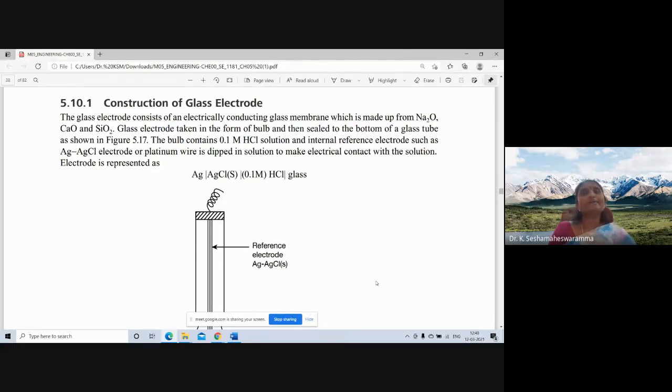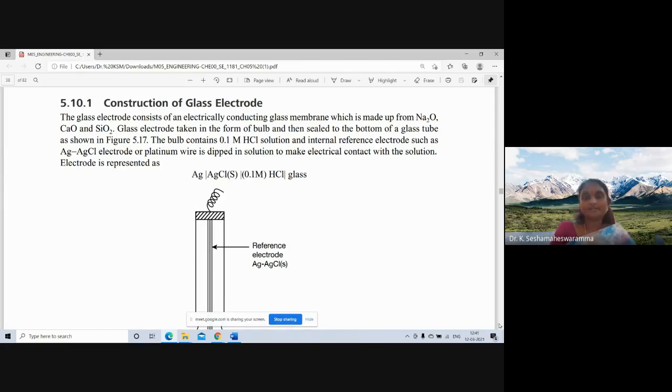Hence we can represent it here: this is the silver chloride solid, then 0.1 M HCl, glass membrane. This is the reference electrode we are using, silver chloride.